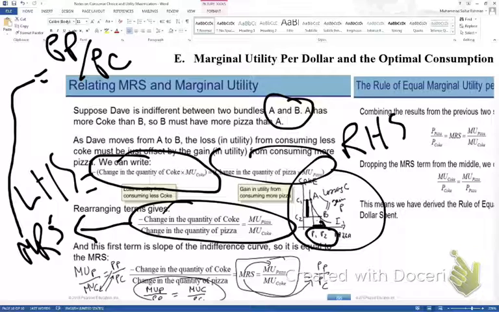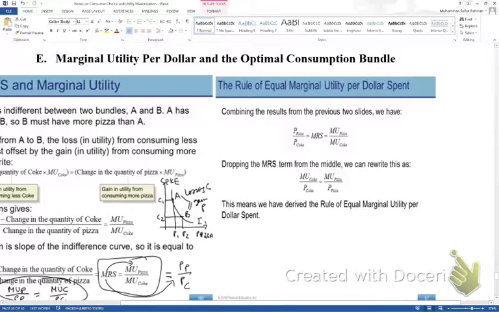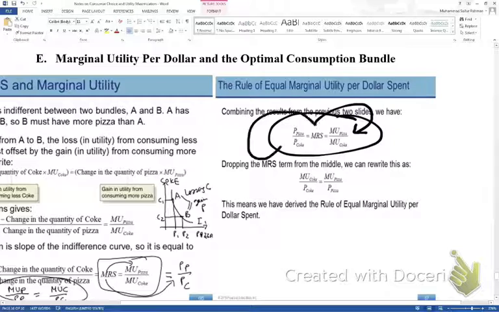Okay, what does that mean? If you think about the marginal rate of substitution in this very important equilibrium condition, we just got that the marginal rate of substitution is equal to the ratio of the marginal utilities, and the marginal rate of substitution is also equal to the ratio of the prices at the optimal consumption bundle, where the indifference curve is tangent to the budget line.